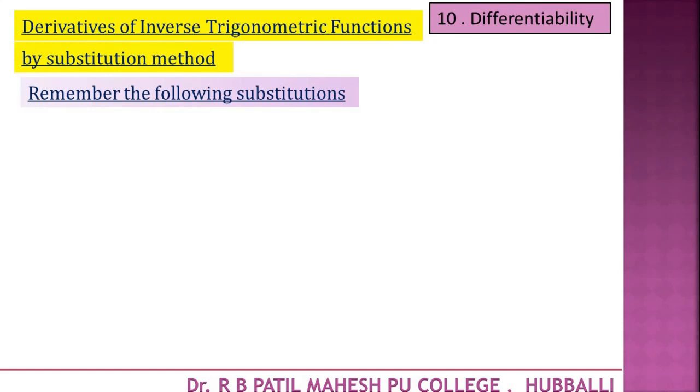Dear students, sometimes we get inverse functions with some algebraic expressions as the variable, and in those algebraic expressions we put x equal to some function so that it becomes a standard trigonometric identity. Then we replace it, so we get a standard identity, then we get the simplest form, then we differentiate the function. So this is the process.